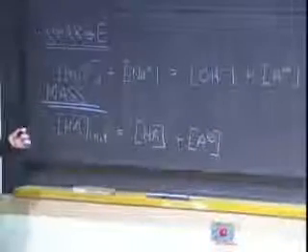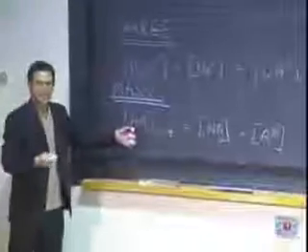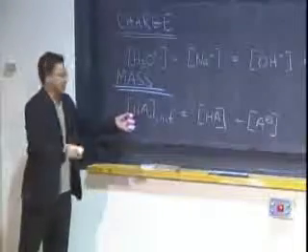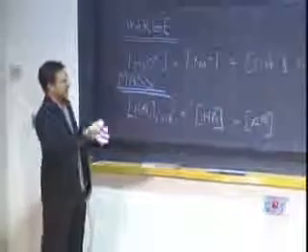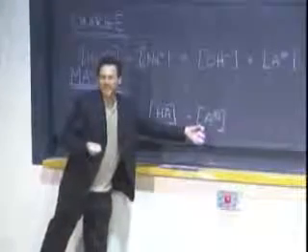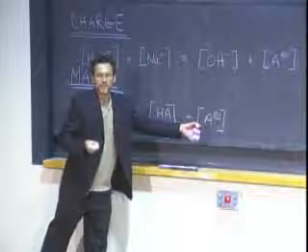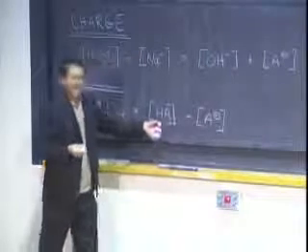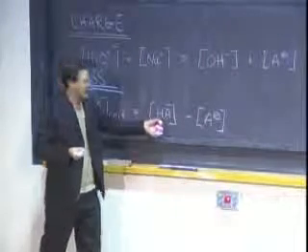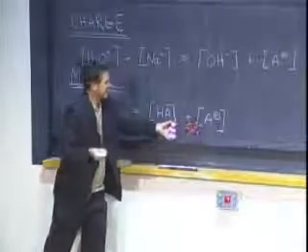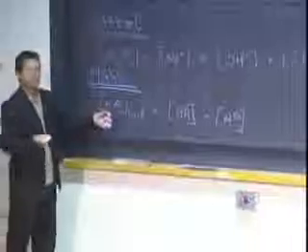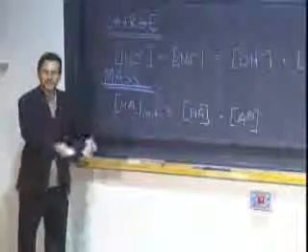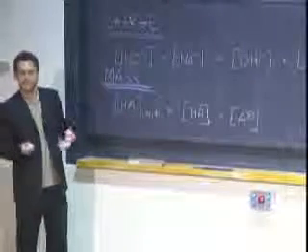That just says that when you put acetic acid into water, it ionizes partly to hydronium ion and acetate ion, and that which doesn't ionize is unionized HA. So the ionized A minus concentration plus the unionized HA concentration is equal to the sum total of the acetic acid present in solution.